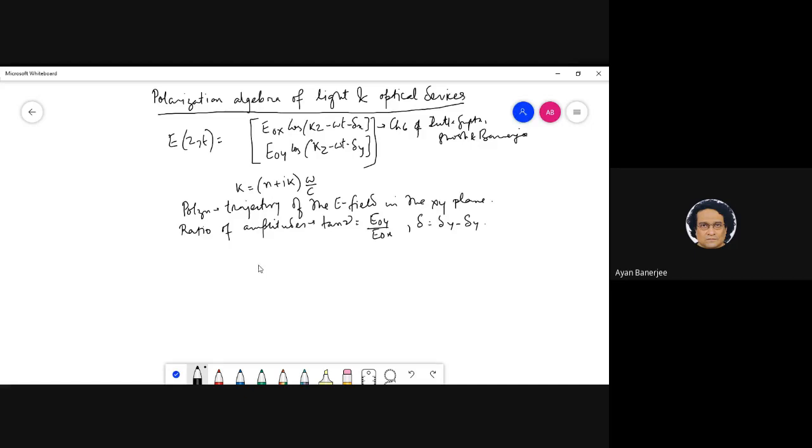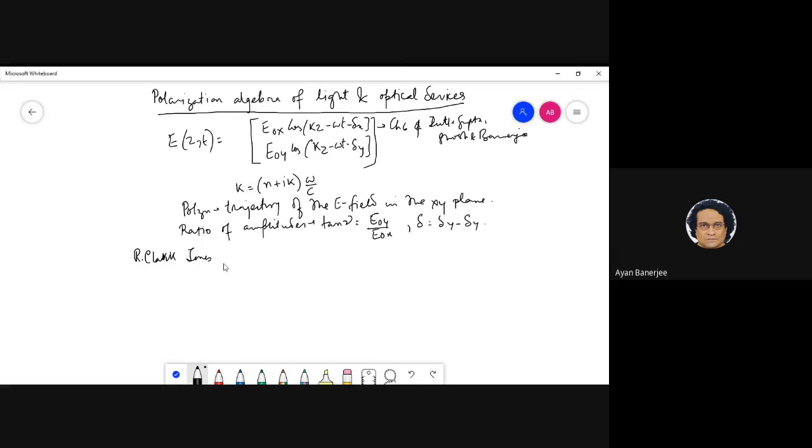This depiction, the Jones algebra, was given by R. Clark Jones. I've forgotten the time, probably the 20s, or just check the book. Muller is about 1940, in the 40s, but Jones is earlier, I guess.